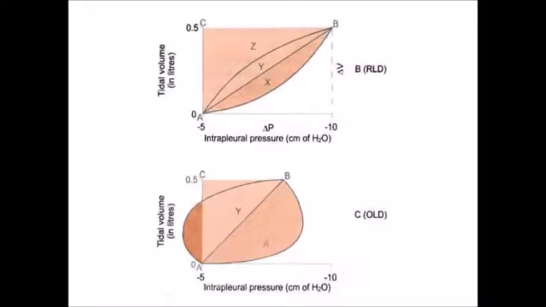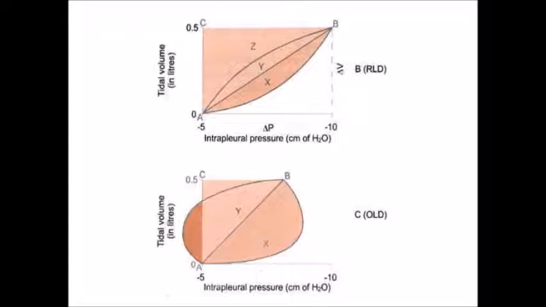Now carefully watch both the diagrams. Both are abnormal diagrams. The uppermost diagram is the diagram of calculation of work done during RLD, meaning restrictive lung diseases. You can see the shape is abnormal. Now see the diagram below.